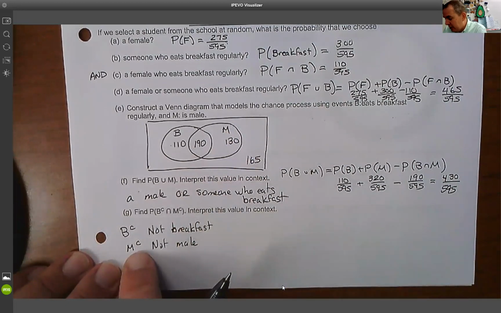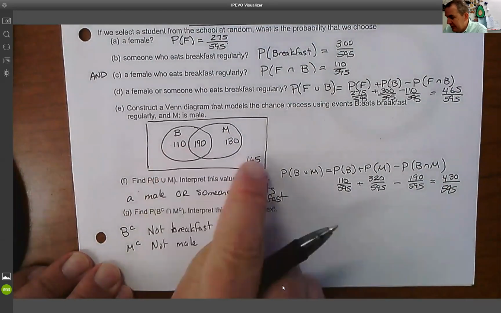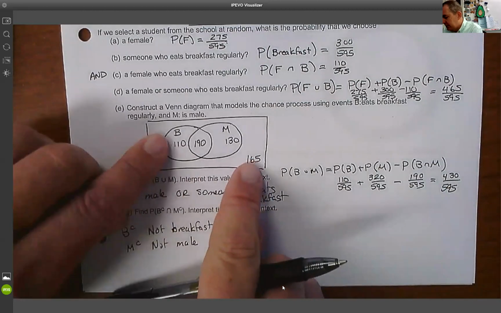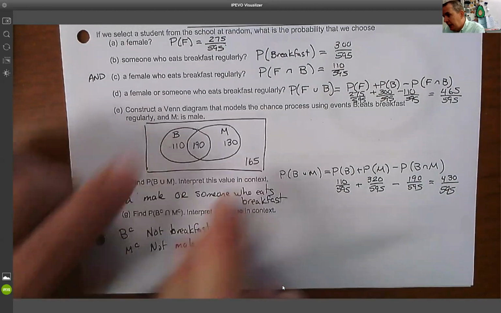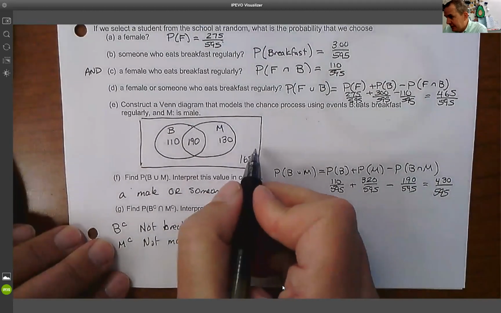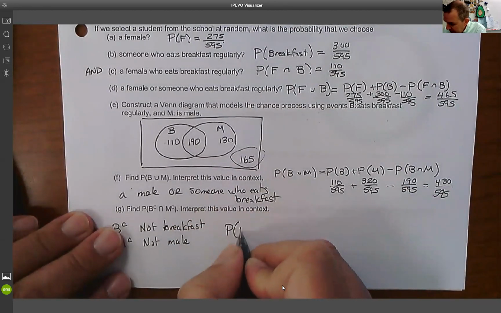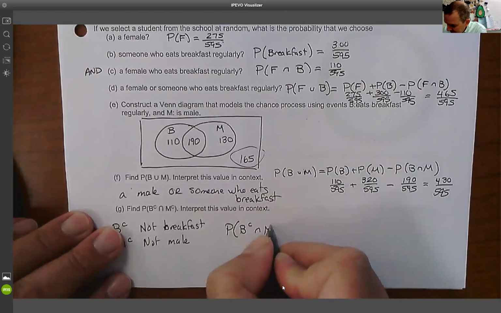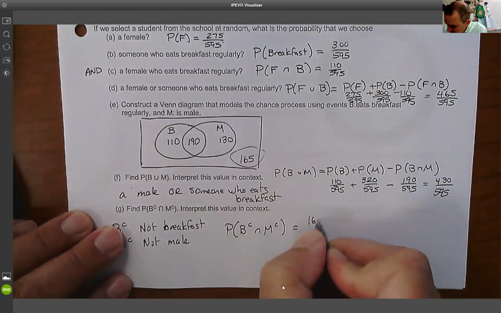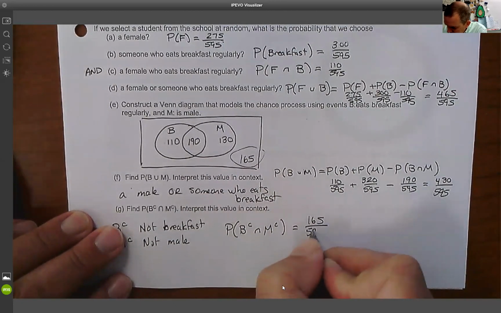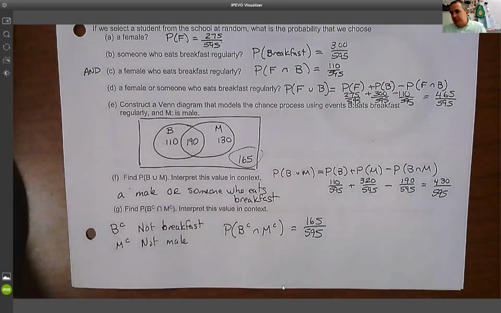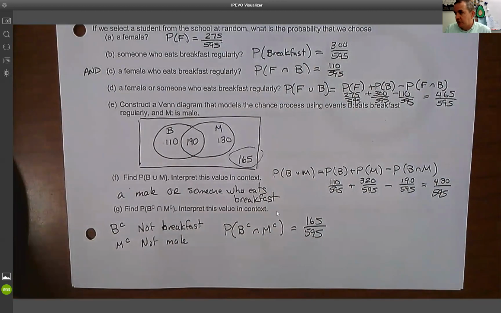You're not male in the 110 and the 165. It's asking for the intersection of that, these people right here: the probability of being a female who doesn't eat breakfast. In this case, it's 165 out of 595. So hopefully that helps. I'm going to do the next couple of questions in a separate video so that we don't overload time.